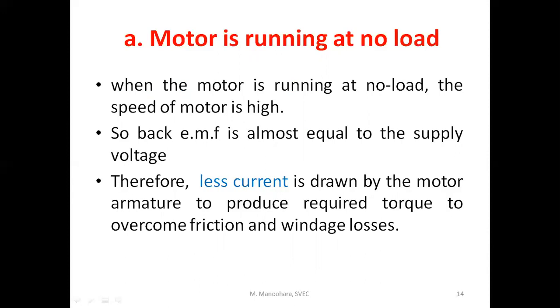If speed is high, back EMF is also high, almost equal to supply voltage. If back EMF is high, the armature draws less current to produce the required torque to overcome the friction and windage losses only, because load is 0 under no load condition. So under no load condition, the motor draws less current from supply mains.